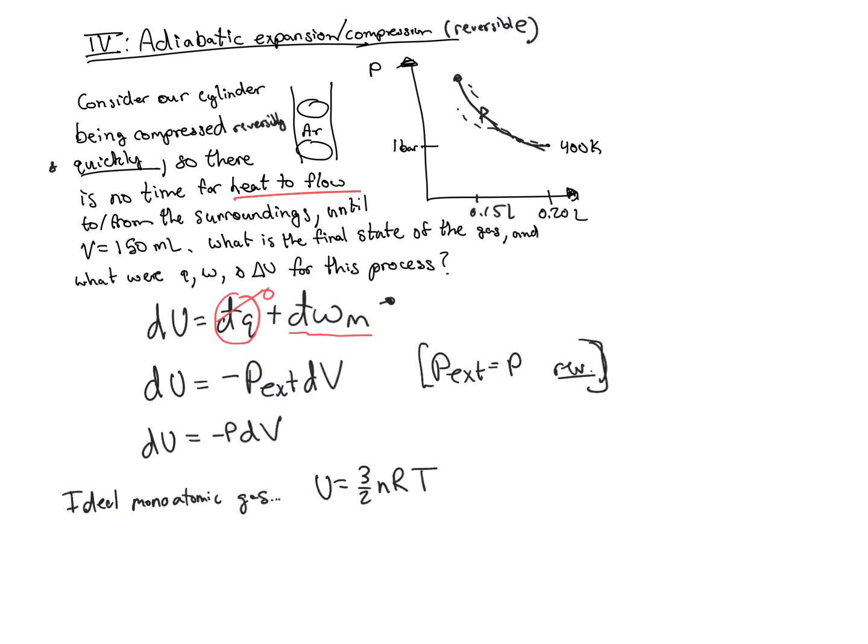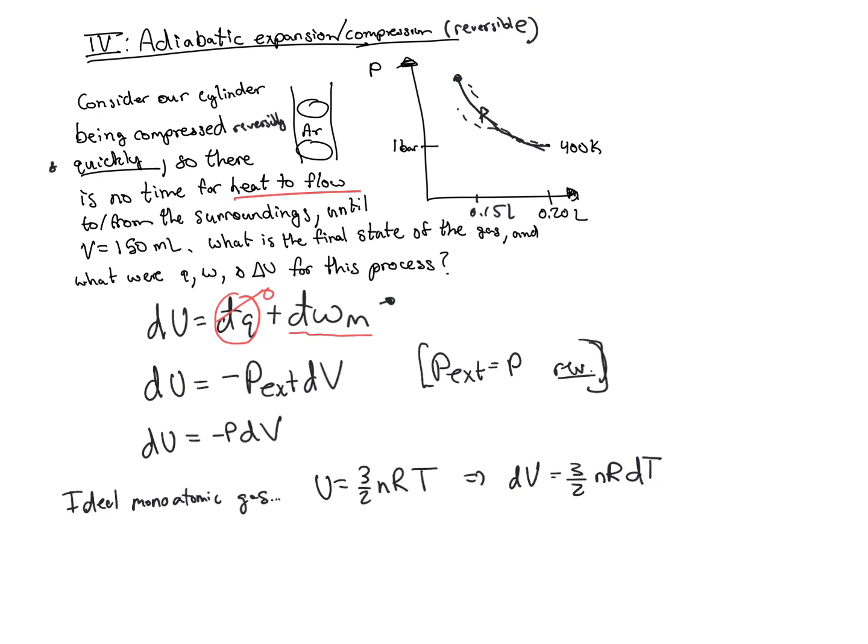And, okay, now we're working through the math of this here. What we have here is that U depends only on temperature. And so what's nice about this is that we can legally say here that dU is equal to 3/2 nR dT. So in any process, the little change in internal energy is just related to the little change in temperature dT.